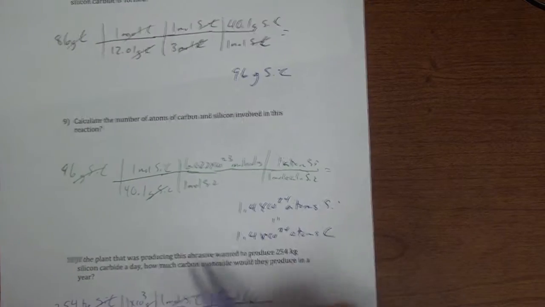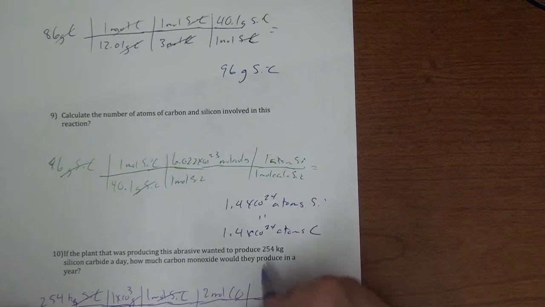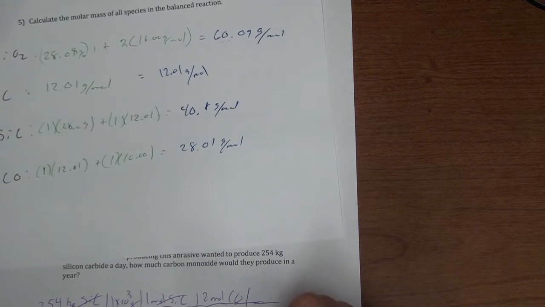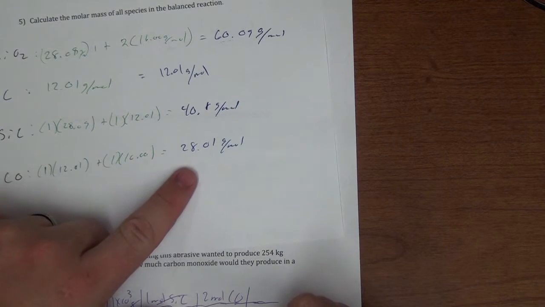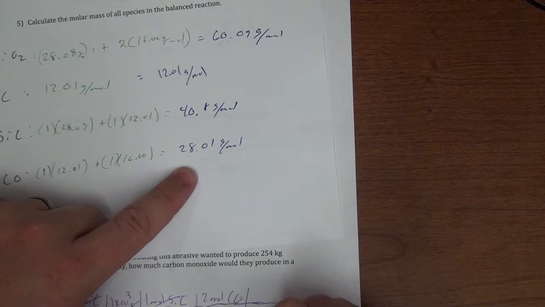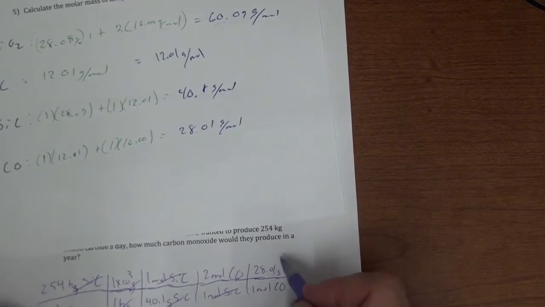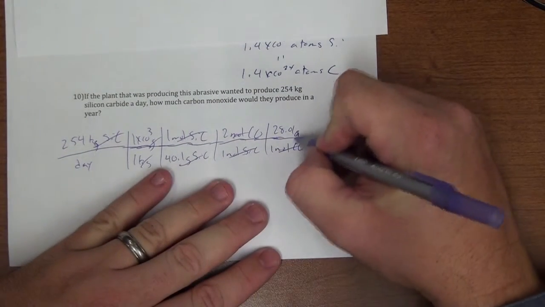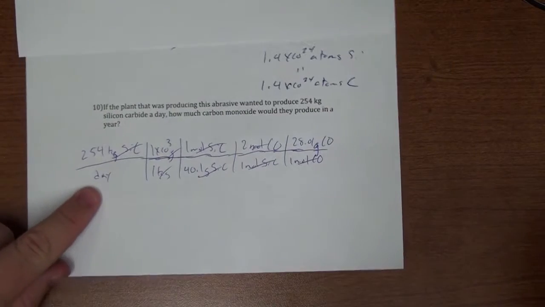And we want to know a mass. So again, going back to our molar masses from before, for carbon monoxide, 1 mole is 28.01 grams. If we stopped our calculation here, our units tell us that we would end up with grams of carbon monoxide per day.